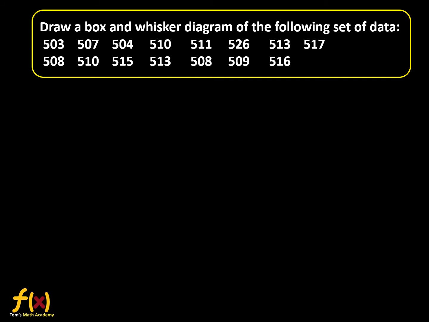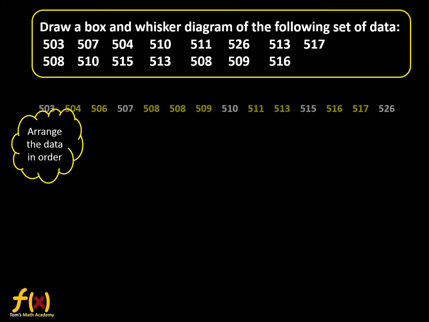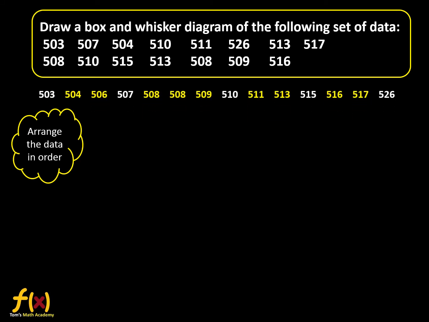Now, let's go to another question. Draw a box and whisker diagram of the following set of data. We are given a few numbers. So we know by now what are the numbers we are looking for. We try to arrange them in ascending order. It was not given in the ascending order, but we have to do that. So we arranged that.